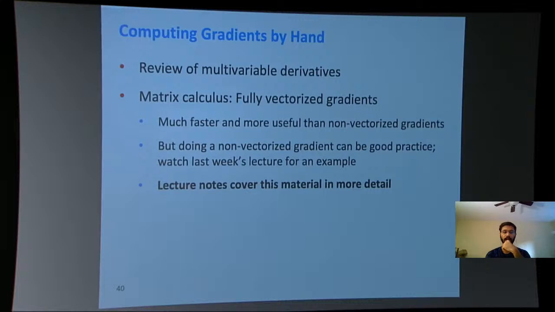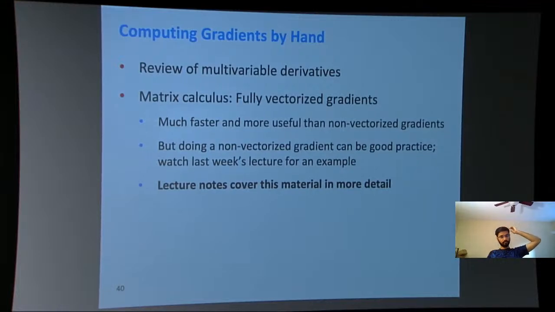But in particular, normally the most useful way to think about this is as doing matrix calculus, which means we're directly working with vectors and matrices to work out our gradients. And that's normally much faster and more convenient for summarizing our neural network layers than trying to do it in a non-vectorized way. But that doesn't mean that's the only way to do it.